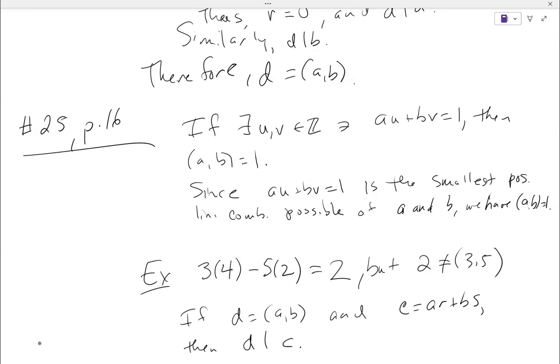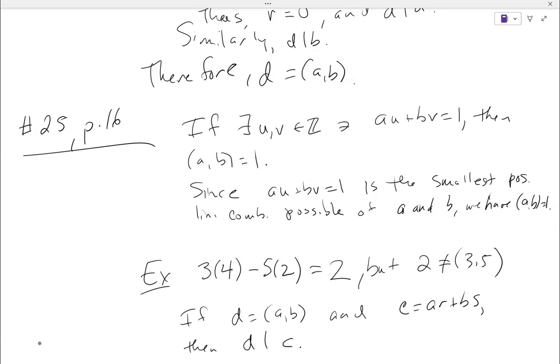So it might eliminate some possibilities. But unless the linear combination you formed is equal to 1, you don't necessarily know that the GCD is that linear combination. It could be smaller.